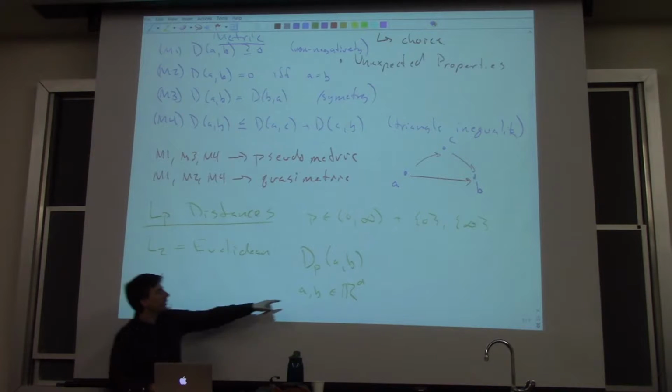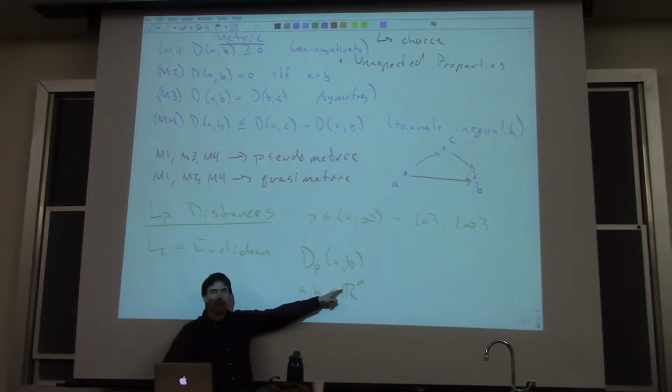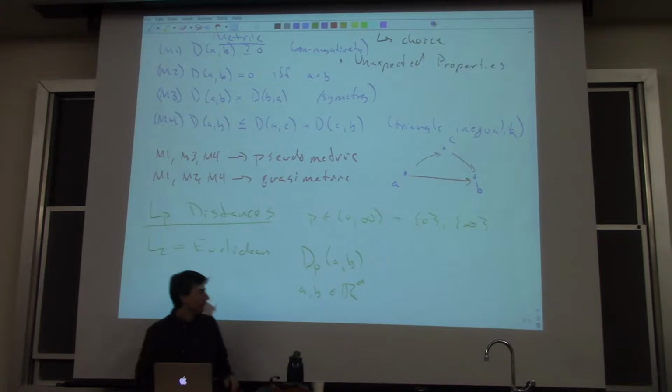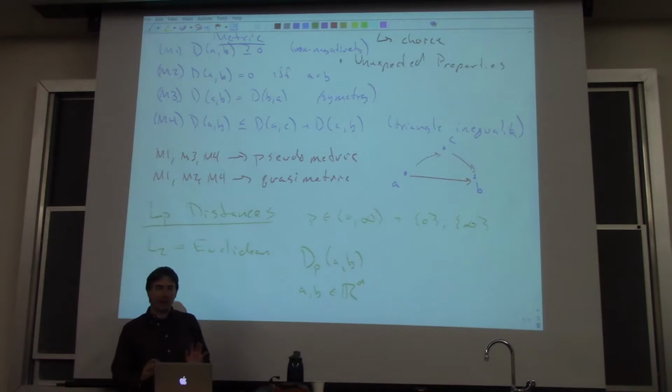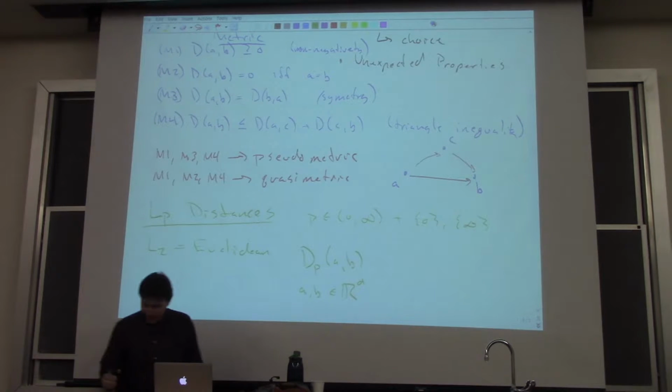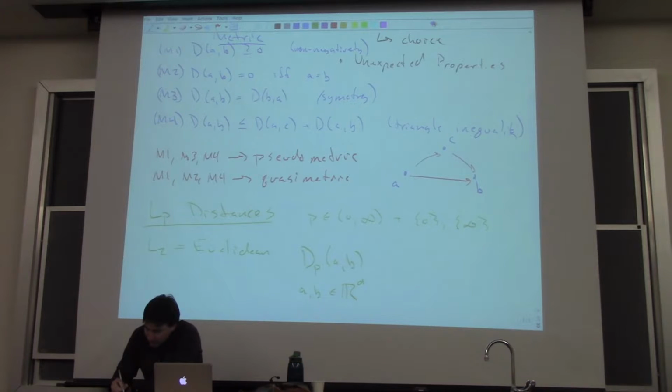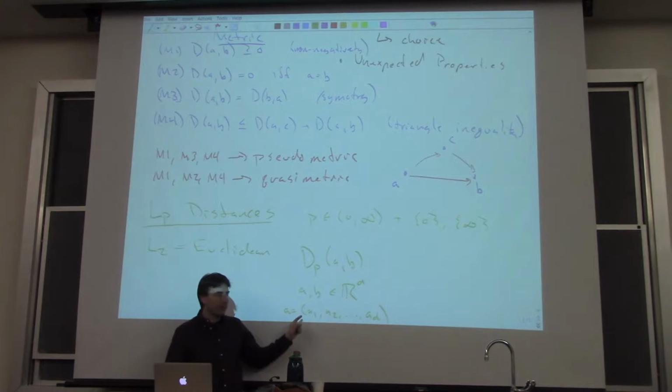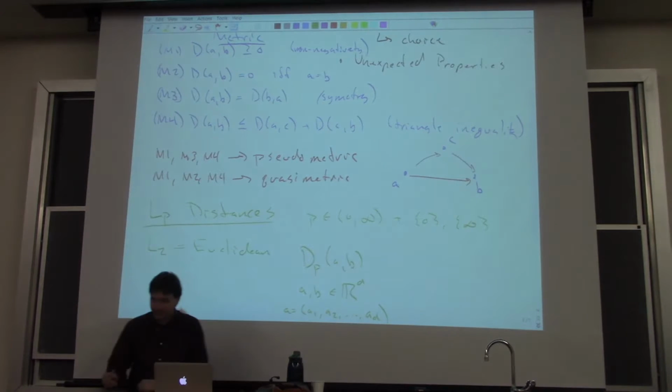Okay, so when I write something as R^d, and this is a blackboard bold, or in this case, a Microsoft Surface bold, I was not paid to say that. Then it means that I can write A as A1, A2, up to Ad. So it's a vector, meaning, again, remember the ordering of these, the location matters, with d elements in it.